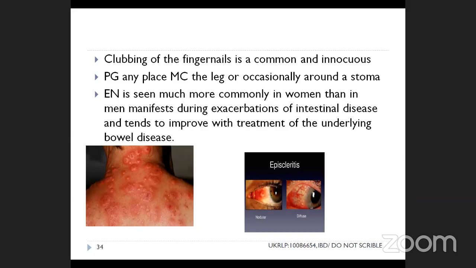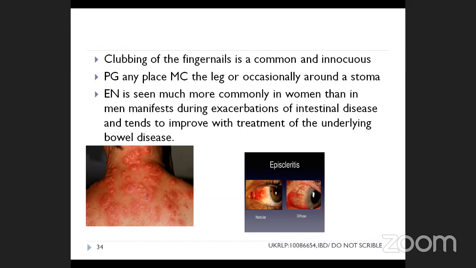As I said, erythema nodosum is again much more commonly seen in women, and it has been said that these extraintestinal manifestations flare up when the inflammatory diseases are active. When there is a remission of symptoms of inflammatory disorders, these extraintestinal manifestations get resolved by themselves or with the treatment.